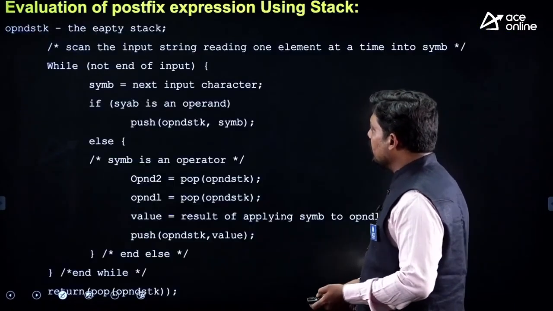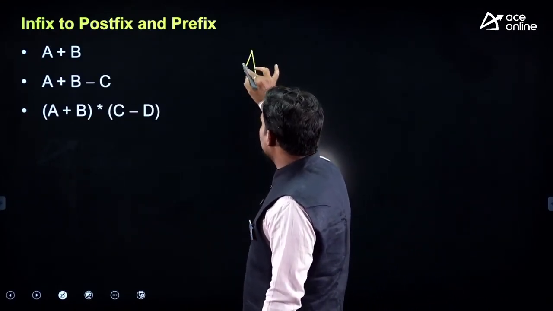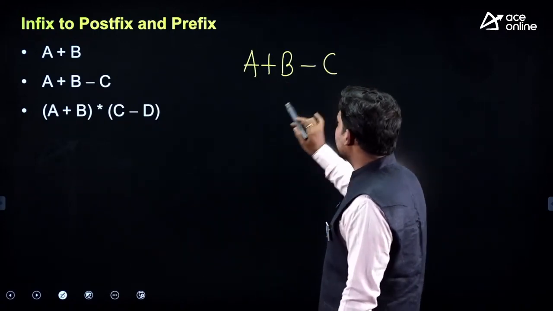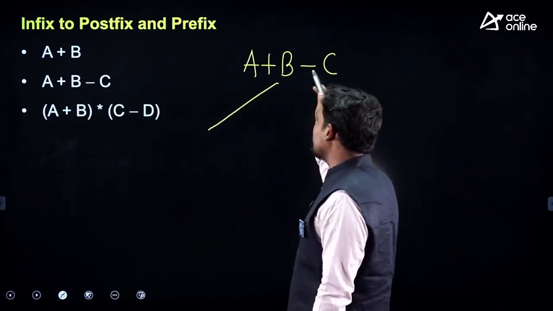Now with this I can show you a small example of how to proceed. A plus B minus C. In this case, for prefix, it will be first left to right, plus, minus left to right.